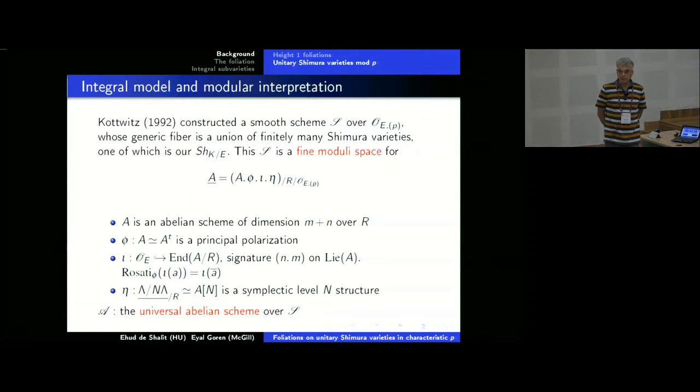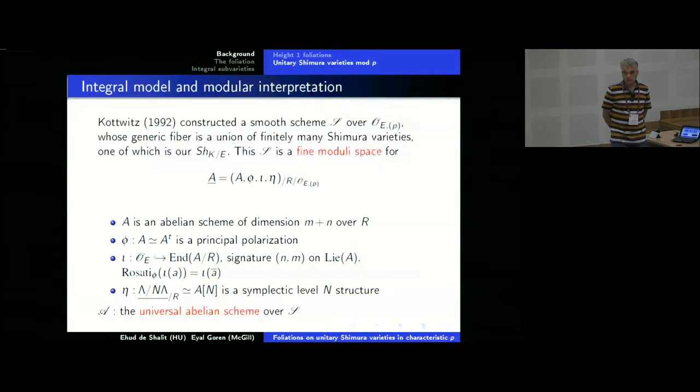So for any R, which is an O_E,P algebra, you're looking at 4-tuples where A is an abelian scheme of dimension m plus n over R. Phi is a principal polarization. Iota is an action of O_E as endomorphisms that has signature (n, m) on the Lie algebra.